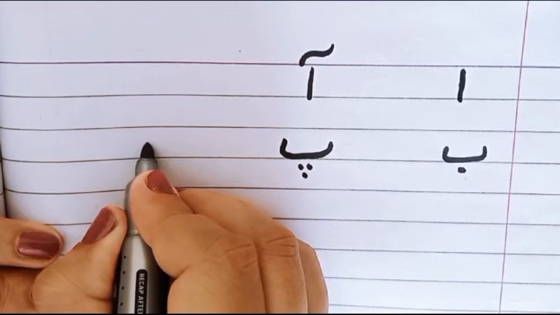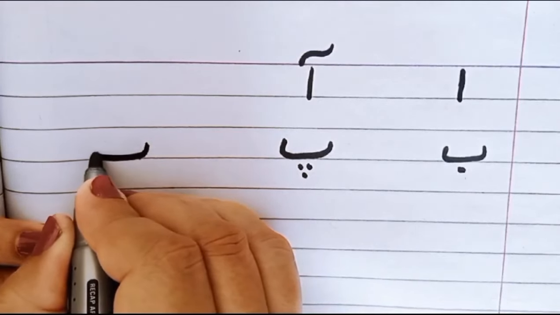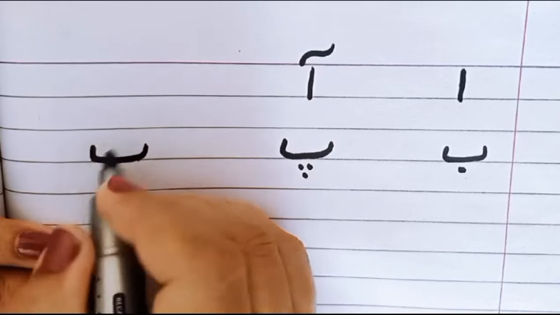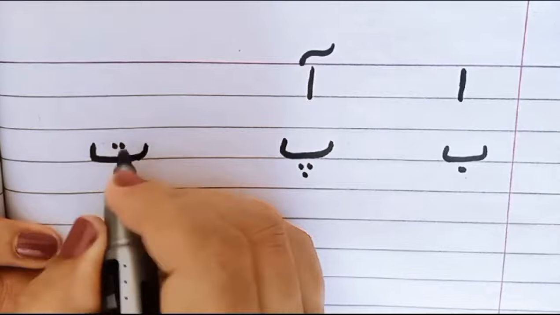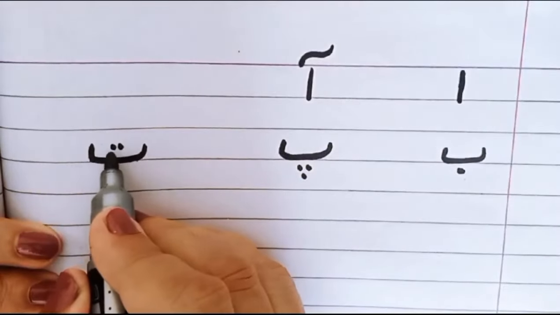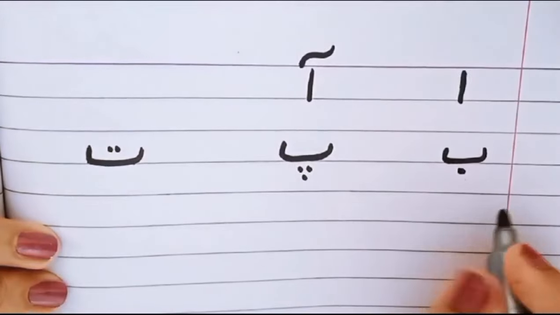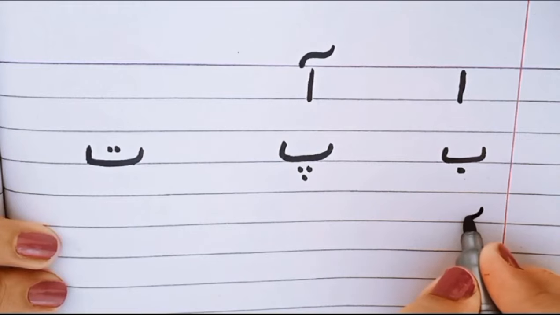Next letter is Te. All the letters in this family, the family of Be, will be written in the same way, and they are different in their dots and symbols. Te has two dots on the top. Next letter is another Te.